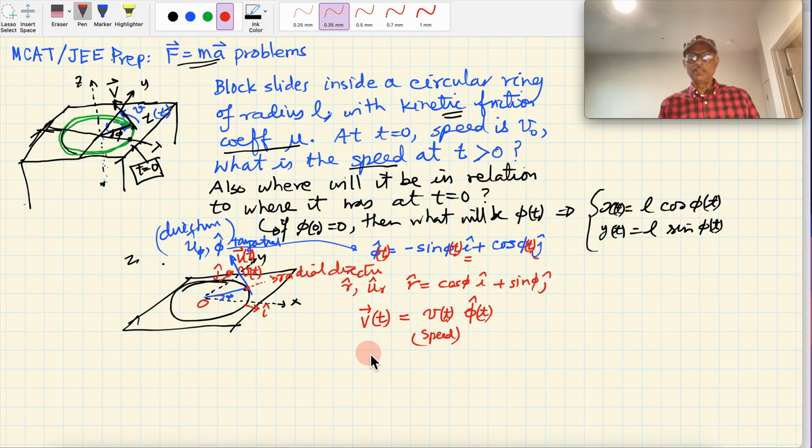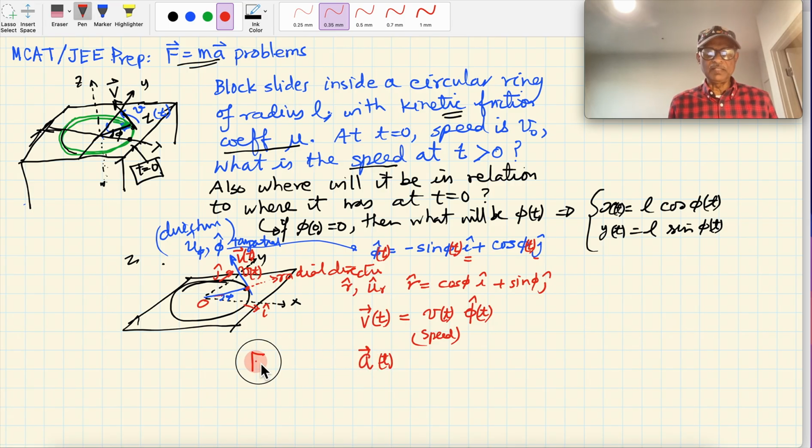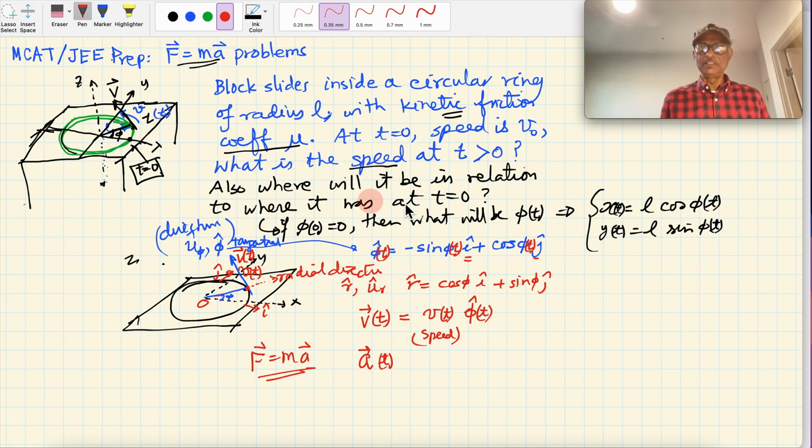So the acceleration at time t, I need this. Why do I need this? Because I want to write F equals ma, from which I will look at how to solve this problem, because that should have the information rather than guessing what the speed will be right away.